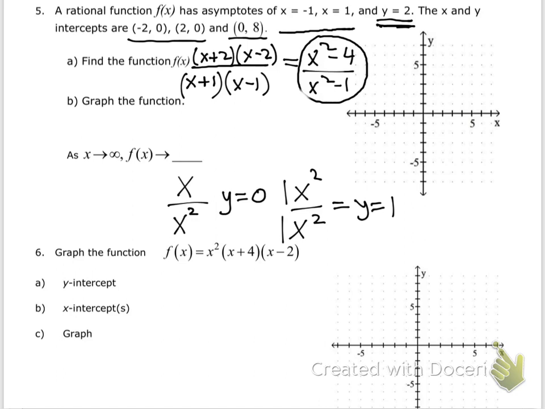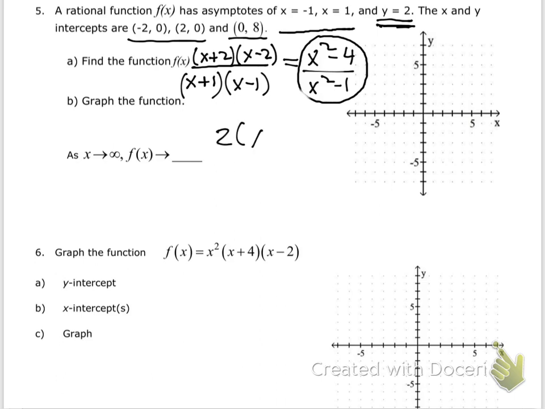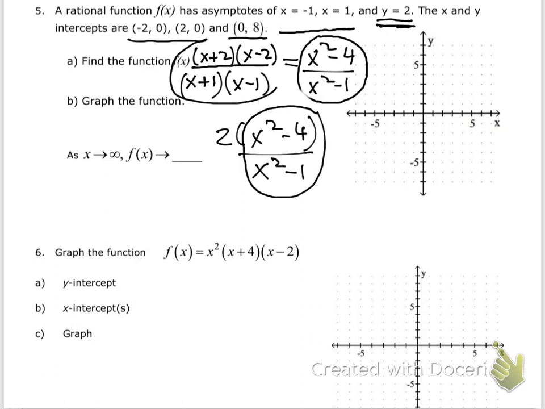So if I was to just put a 2 in front of this numerator, so let's take a look at this. If I do this, 2 times x squared minus 4 over x squared minus 1, okay, so I still have the original that I calculated from this. But now I've put a 2 in front. Well, that, of course, will give me y equals 2.